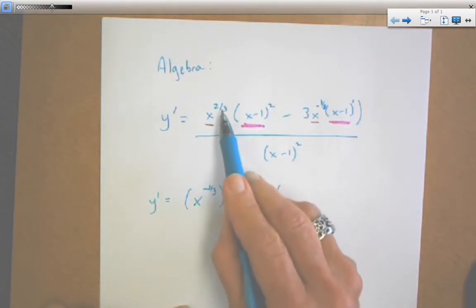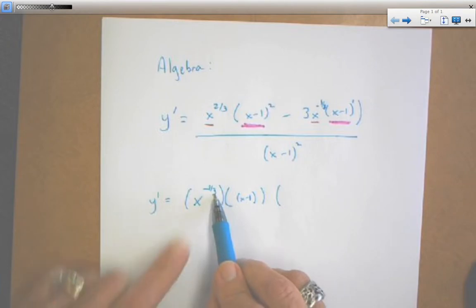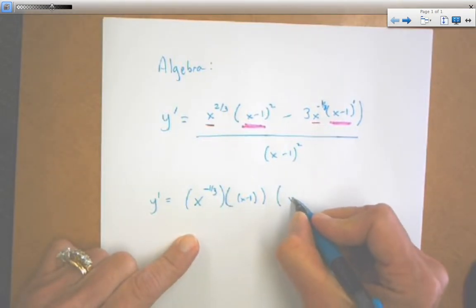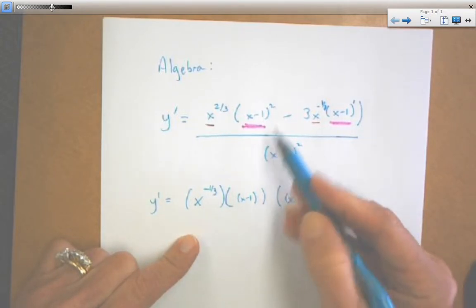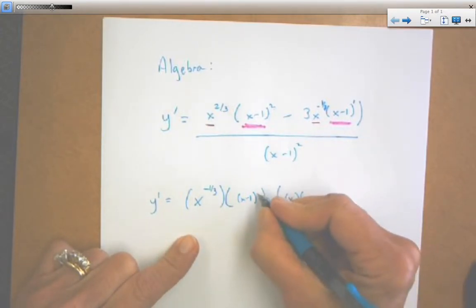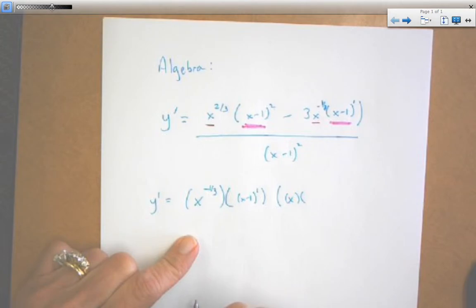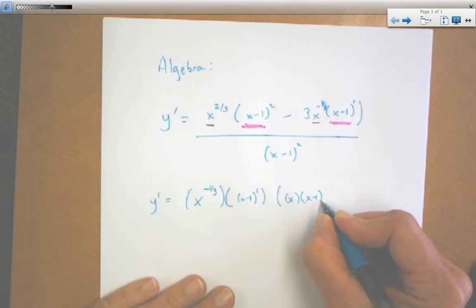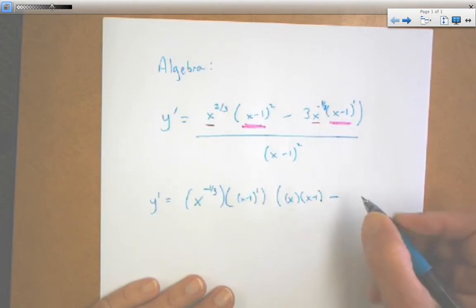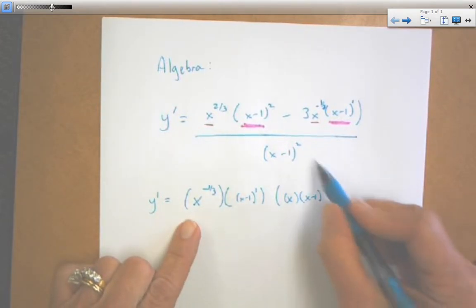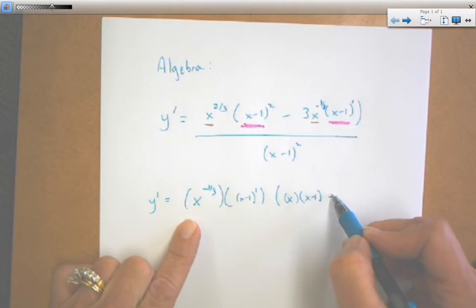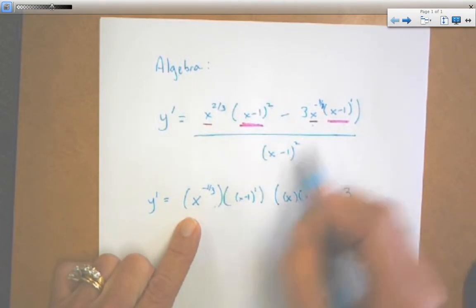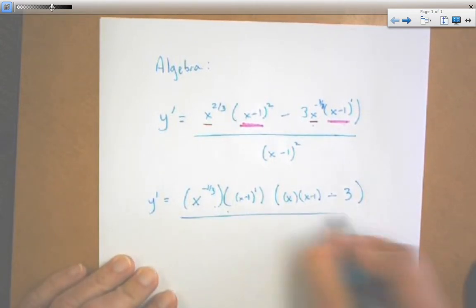So 2/3 minus negative 1/3 leaves me with x to the 3/3, which is just plain old x. And x minus 1 to the first is just x minus 1. Right, next term, don't forget your operation sign in the middle, minus, and then 3. I factored this term out, and I factored that term out, so I'm finished with the numerator.